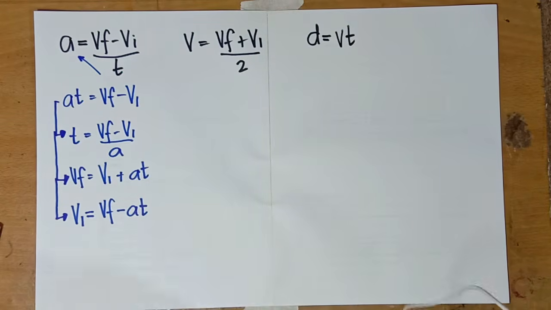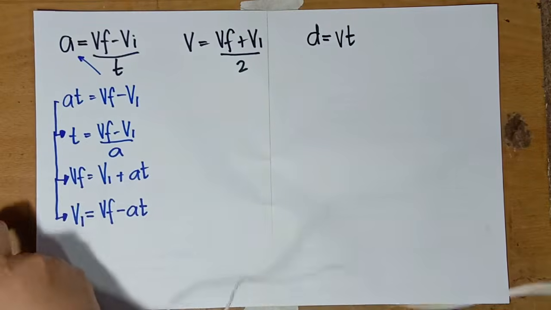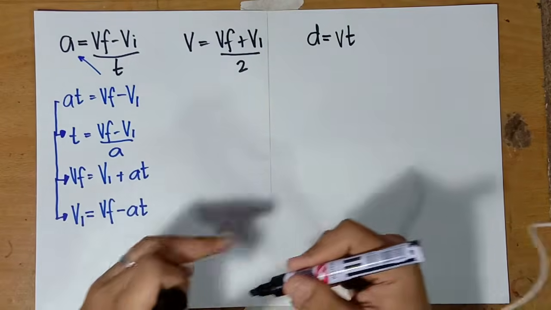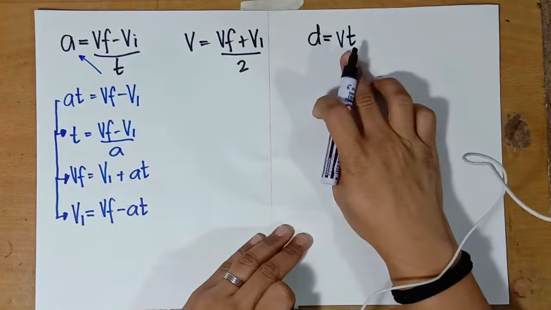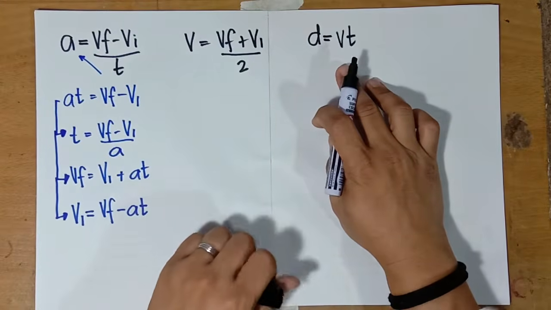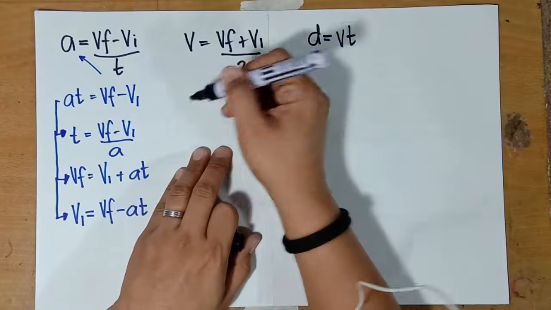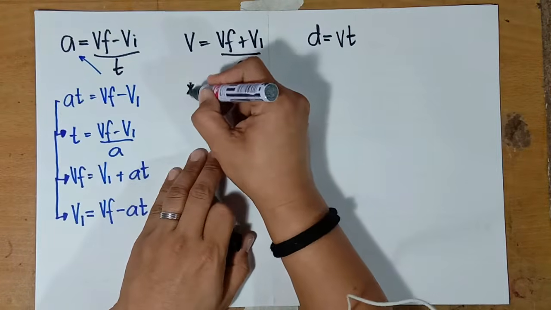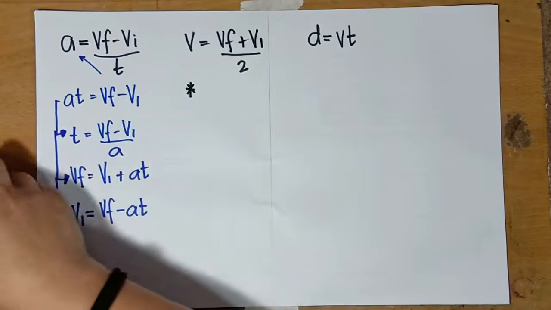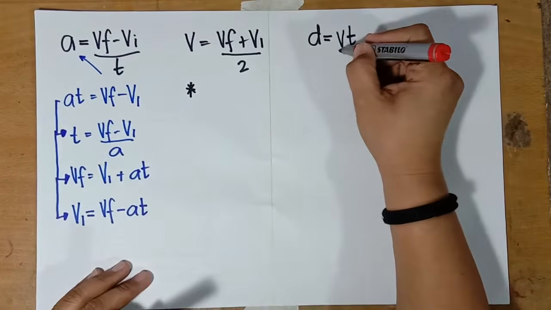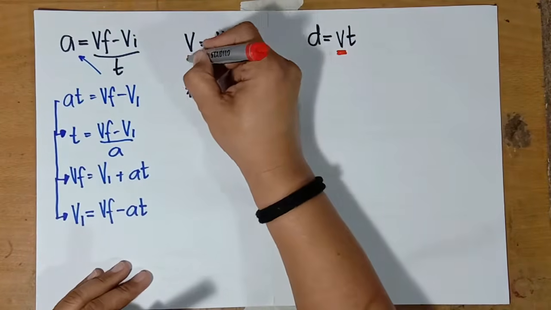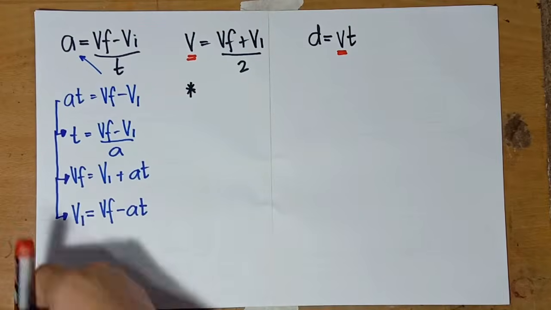Now, let us go to the other side. I will have now this one: d is equal to vt. The first formula that I will have is by substituting for the v the formula of the average velocity.